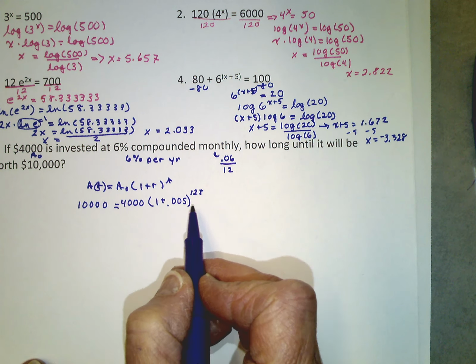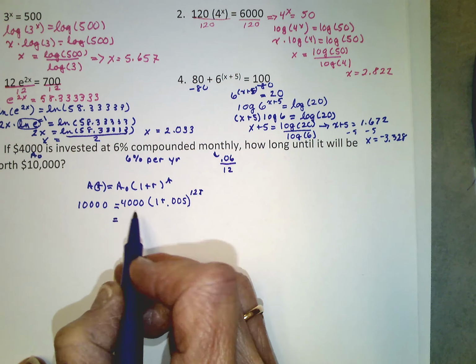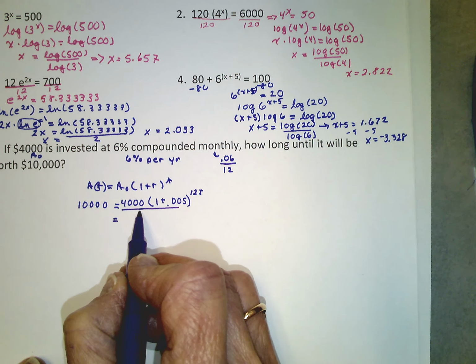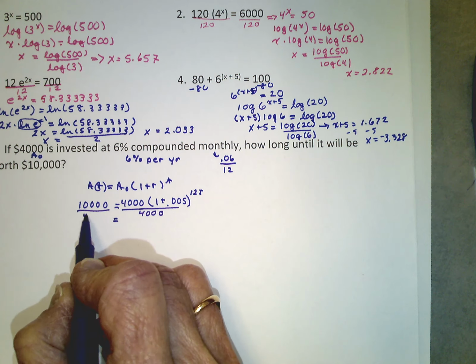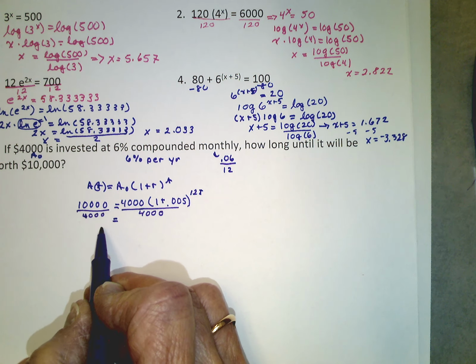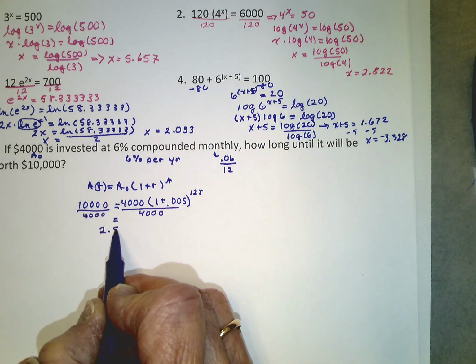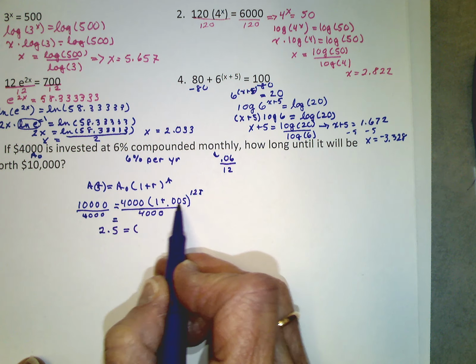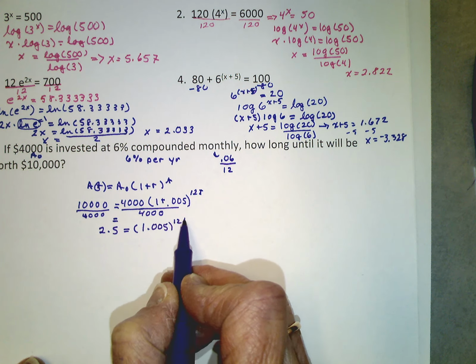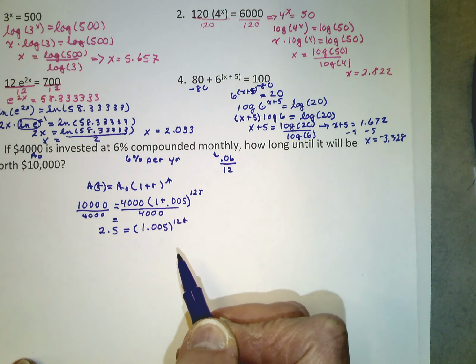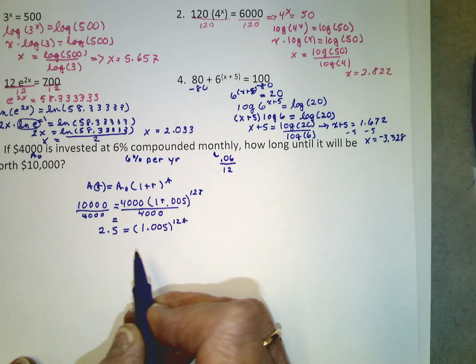We need to get the powered part by itself, so we're going to divide both sides by 4,000. And we end up with 2.5 equals, and we can put those together, 1.005 raised to the 12t. Logarithm time.